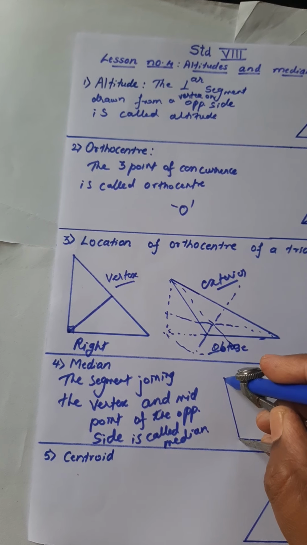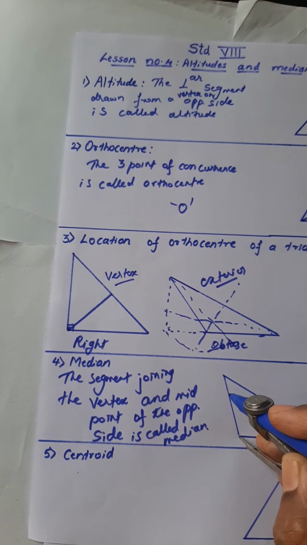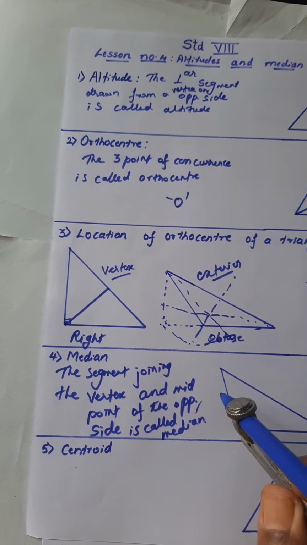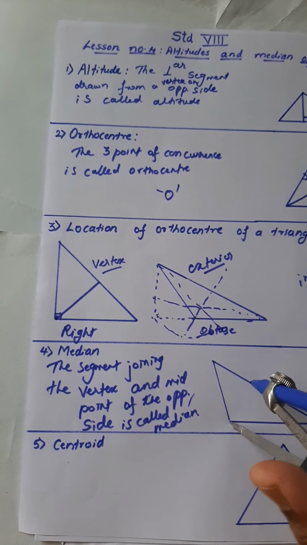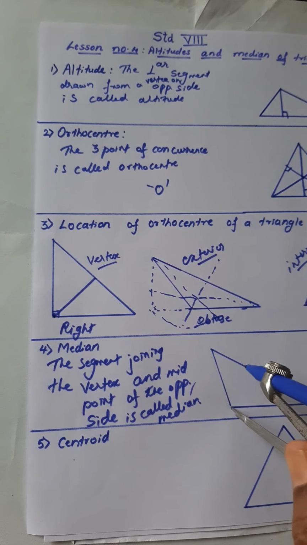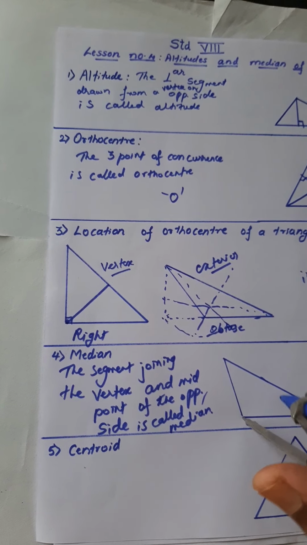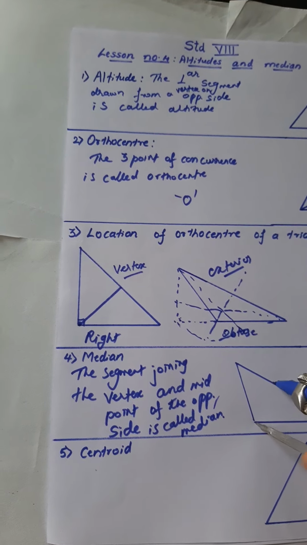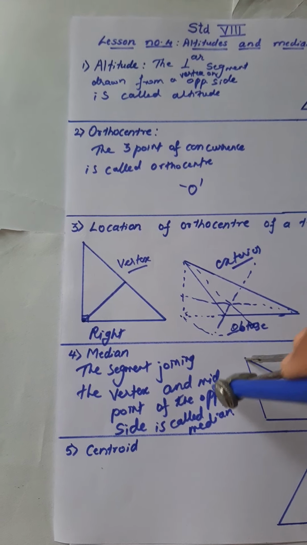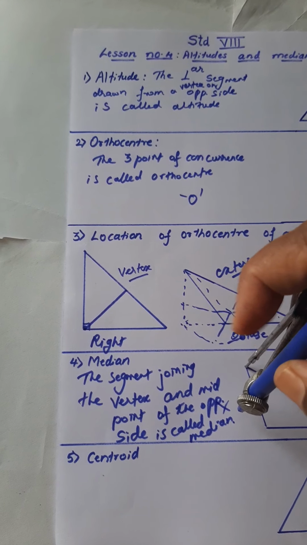Take this side, measure this side, take more than half, draw an arc. Okay, you can name this. I have drawn the arc. Now from another point I will cut the arc.